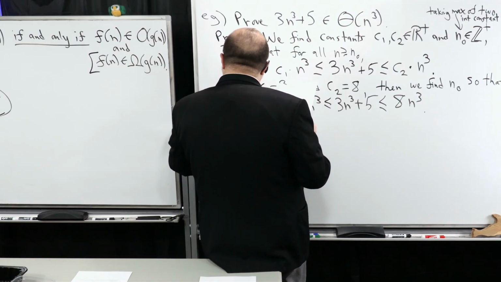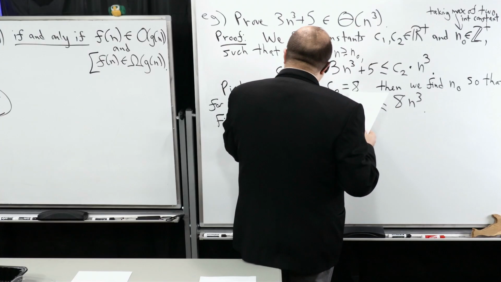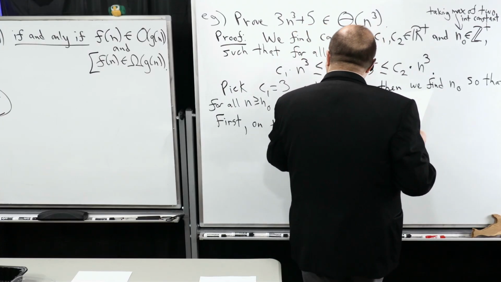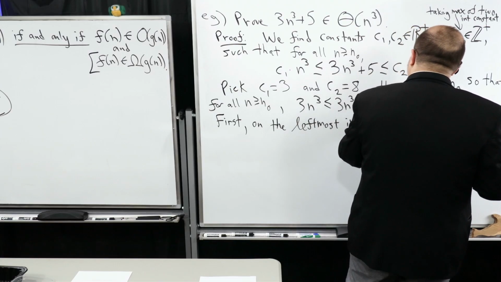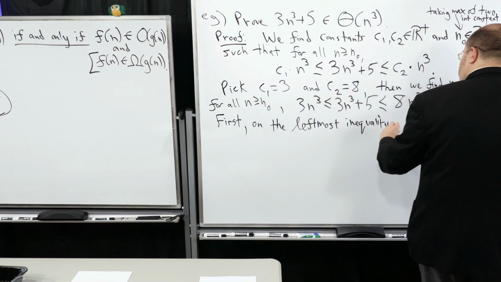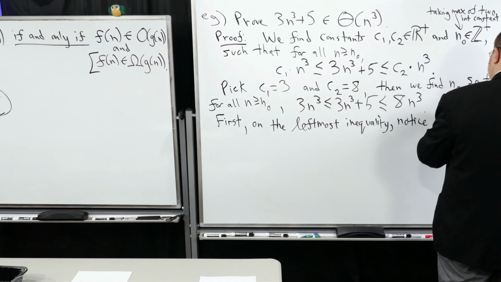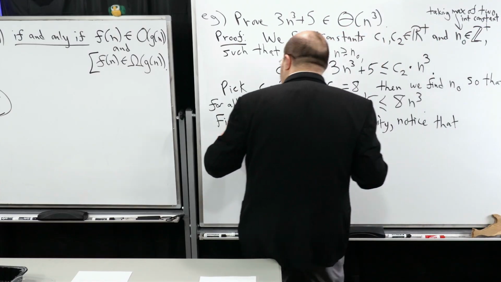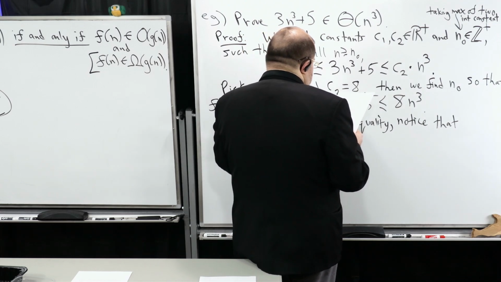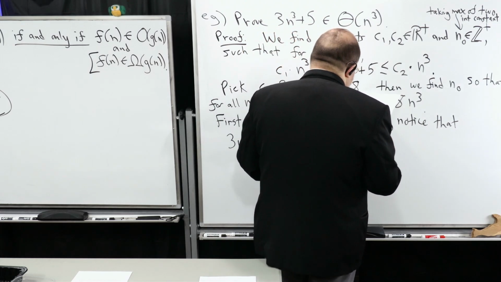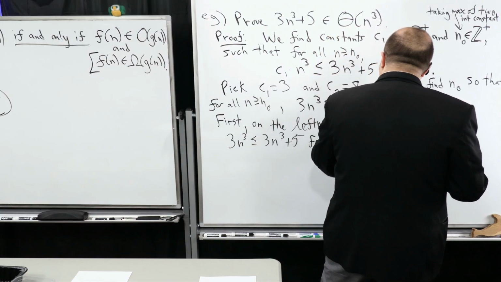So first, on the leftmost inequality, notice that 3n cubed is less than or equal to 3n cubed plus 5 for all n greater or equal to 1, right?